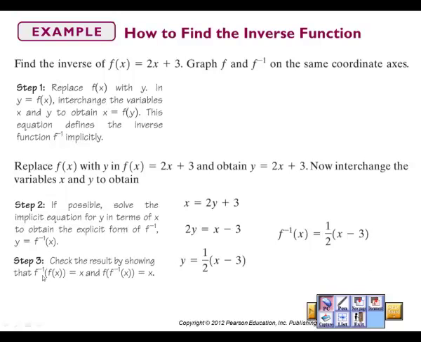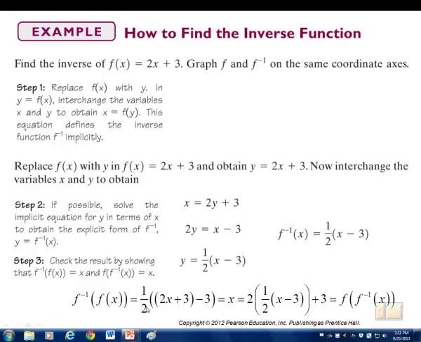Okay, so to check it, you do f of its inverse, or its inverse of f. And so that's what we did here. We took our inverse, took x, cut the x out, put parentheses, and then we substituted the original function, 2x plus 3, in there for x. You've got a plus 3 and a minus 3, they cancel out.